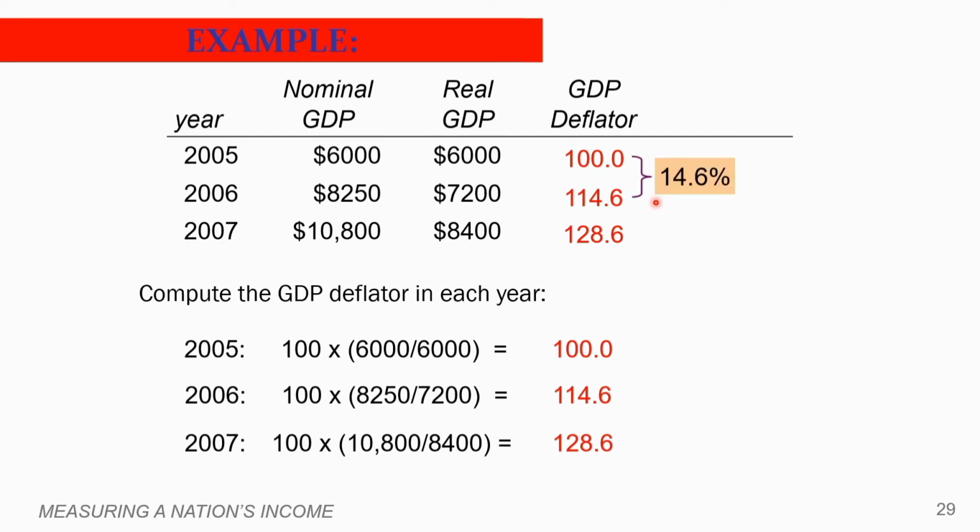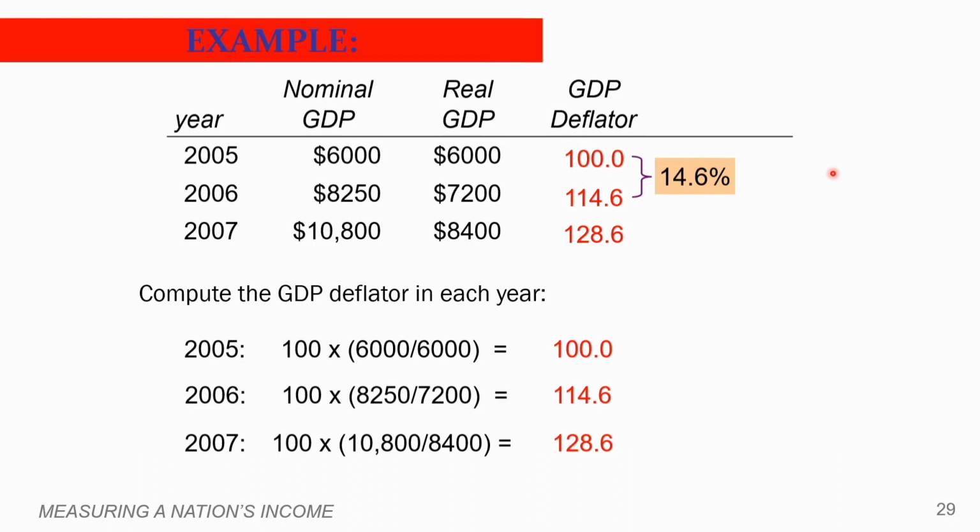So, percentage increase from 2005 to 2006 is 14.6%. Paano nakuha si 14.6%? 2006 GDP deflator minus 2005 GDP deflator divided by 2005 GDP deflator times 100%.